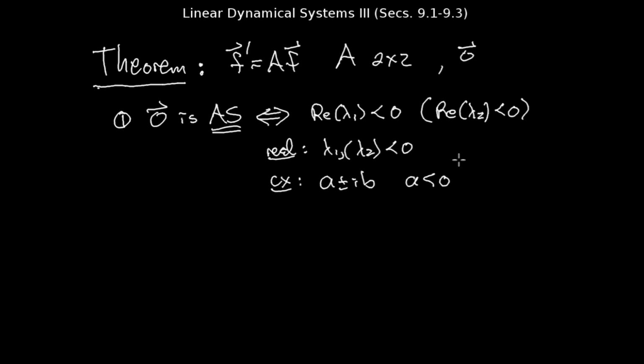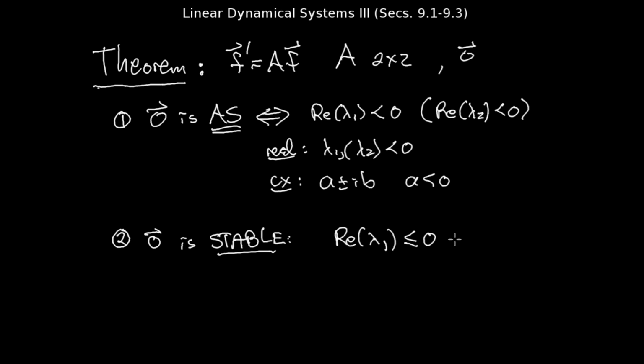And the condition for stability is just slightly weaker than this. It's if and only if the real part of lambda 1 is less than or equal to 0, and similarly for lambda 2, if there are two eigenvalues. So again, if they're real, it says lambda 1 and lambda 2 are less than or equal to 0.